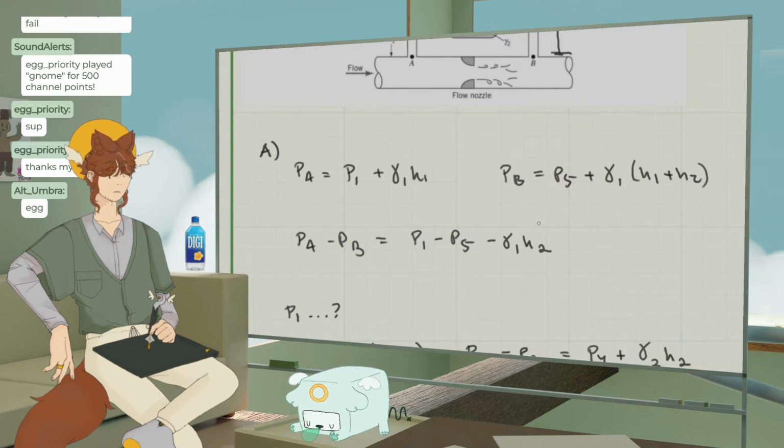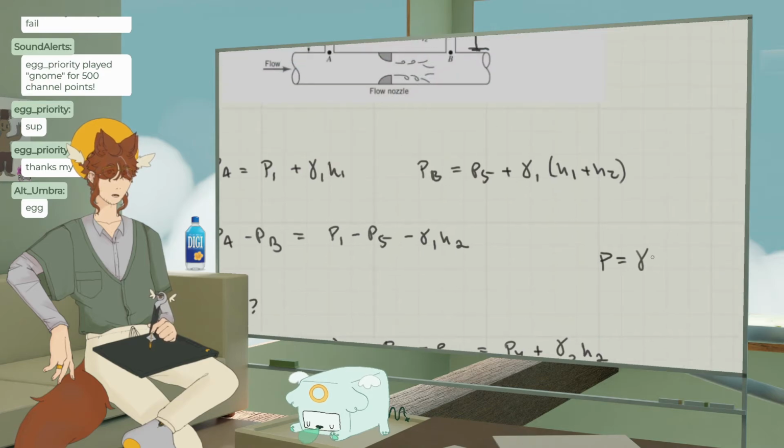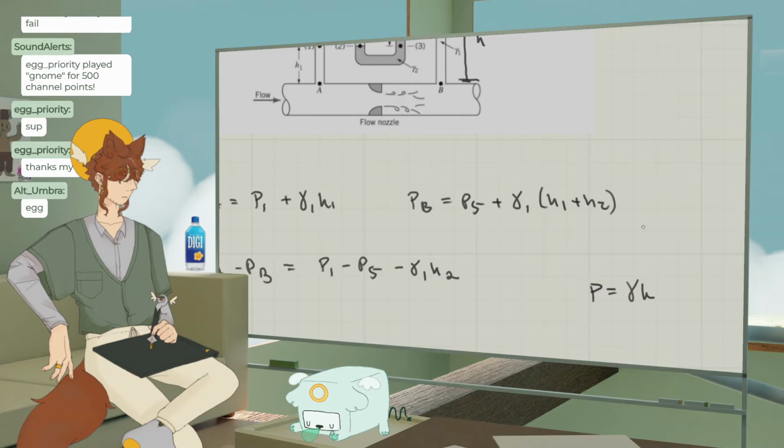Because I'm saying P1 equals P2 equals P3, which should be the case though, because we're not changing depth. Okay, let's think about this. Pressure equals, right, this dude H. So as we go from, but it's at an interface, so I don't think it would change.